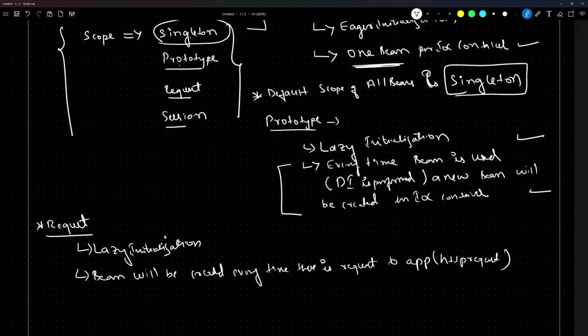If continuously people are making some 100 calls to the API, how many beans will be created behind the scenes? 100. 200 requests, 200.